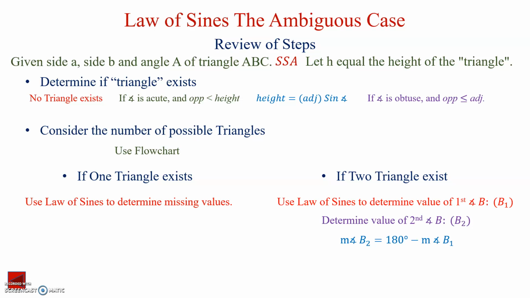That's essentially what we did. And we're able to find all the C's by subtracting the A's and the B's from 180, because these three angles, A, B, and C, have to add up to be 180.